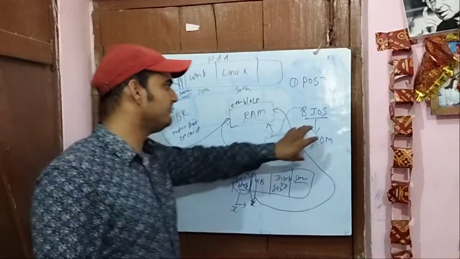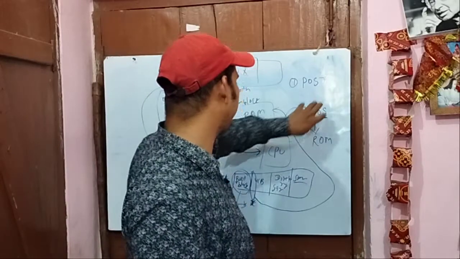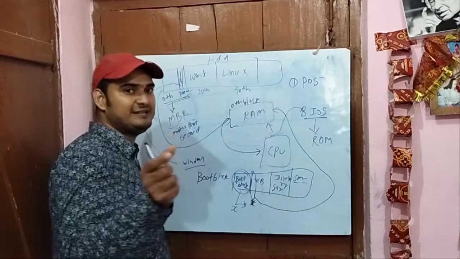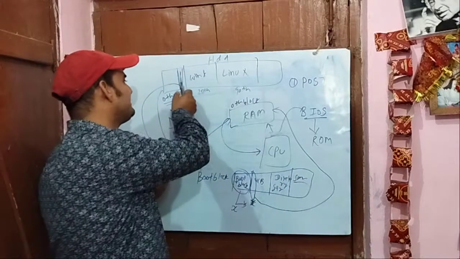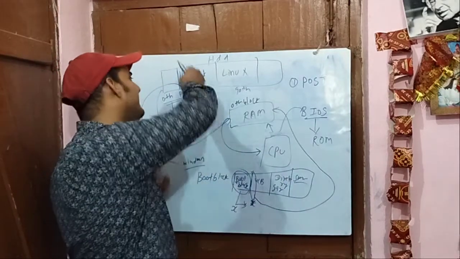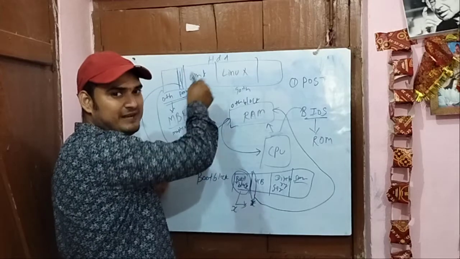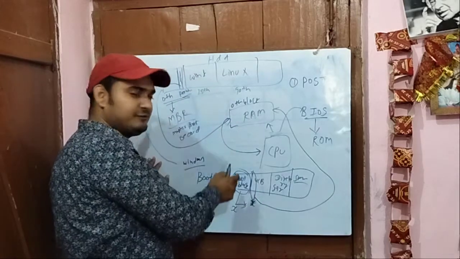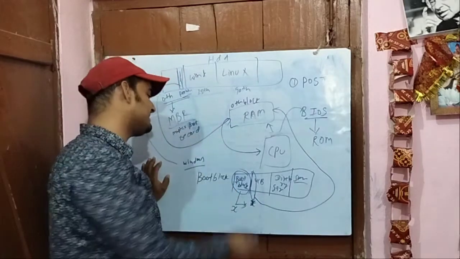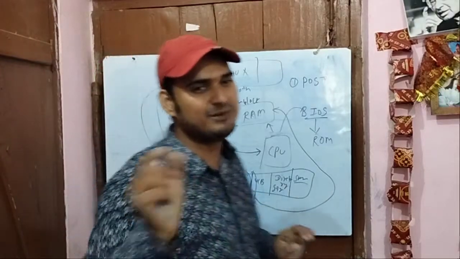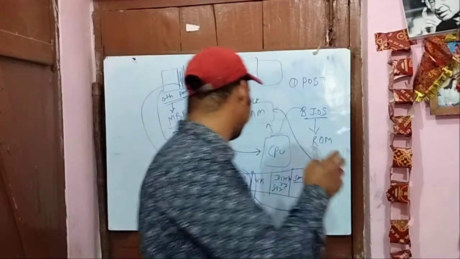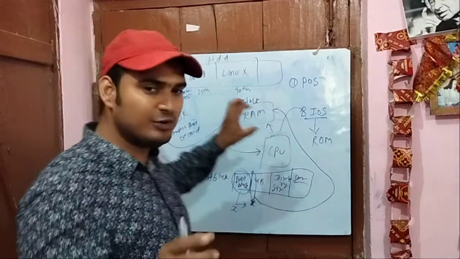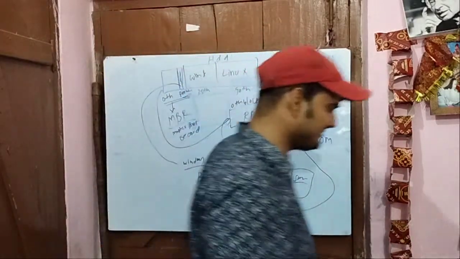So the BIOS breaks it, and once the BIOS is loaded, it has the logic which will load the zeroth block, and this zeroth block has the information about every operating system. Once we select a particular partition, it will load that boot block, the initial block of any operating system, and that block contains information about where that operating system resides. From there we get the idea and load our particular operating system. So this is the entire process.